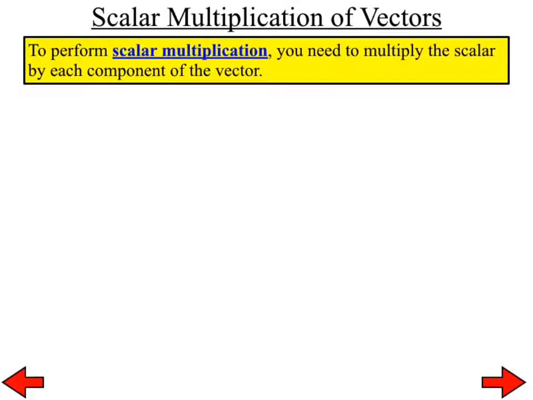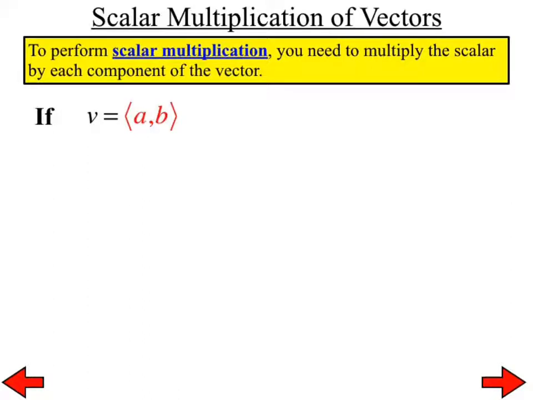In this blank area you can fill in. So to perform scalar multiplication, you need to multiply the scalar by each component of the vector. And if I had not even mentioned that, most of you would have been able to figure that out without me saying anything, because after doing scalar multiplication of matrices, it's really common sense.